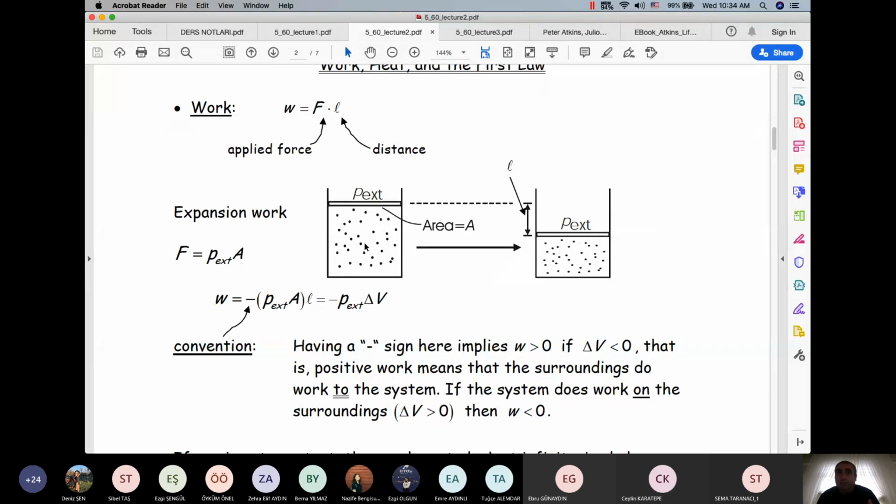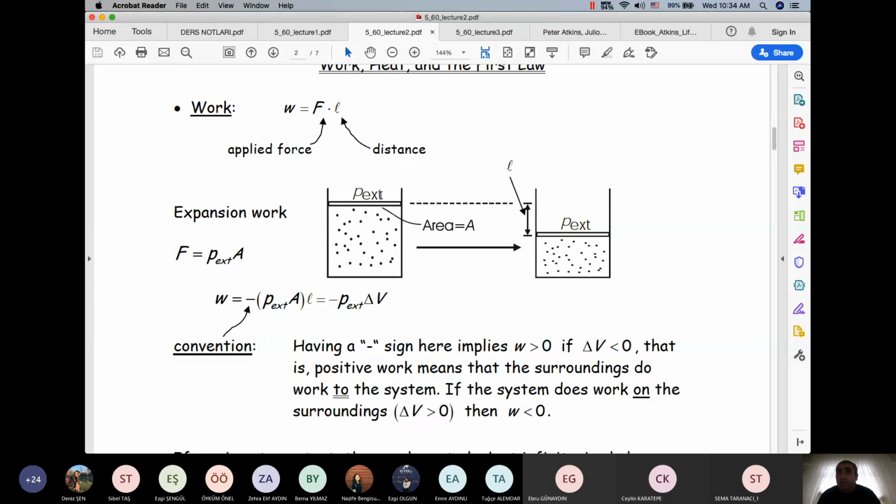If the pressure difference between the external pressure and the system's pressure is large, you are doing one direction very fast, an irreversible process.